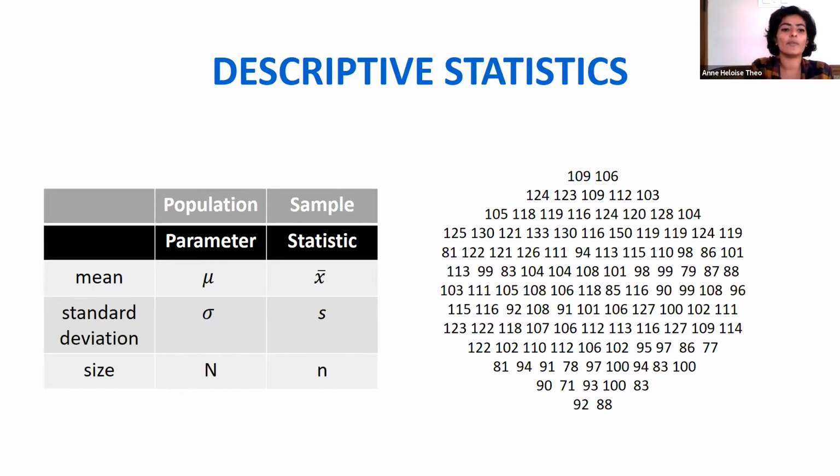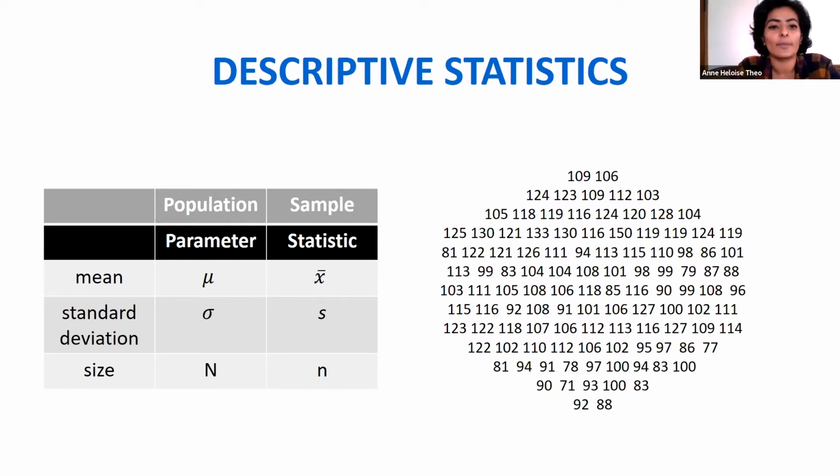So when we talk about mean, when you say mu, that's the parameter, and when you say x bar, that is the statistic, and that's always what we're calculating. Mu is technically an unknowable entity, and we only estimate what it could be by calculating the x bar.